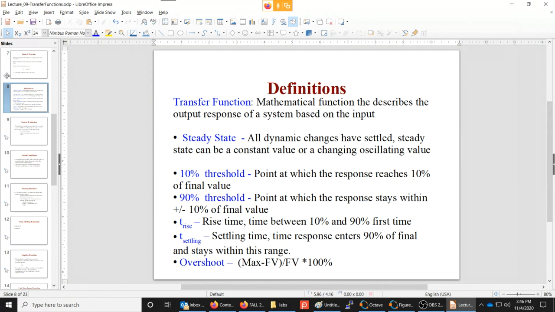So one term we have is what we call the steady state. So the steady state system is what happens after all the transients. So there's a transient time when the system first starts changing, and then there's the steady state.